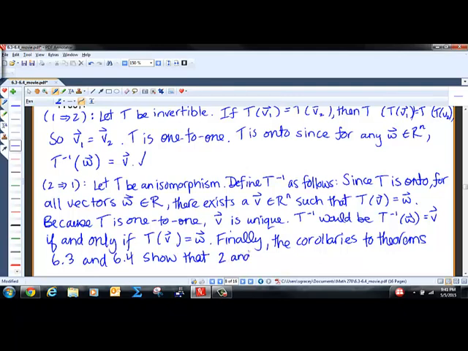So properties 2 and 3 are equivalent. Alright, so we finished that guy up.